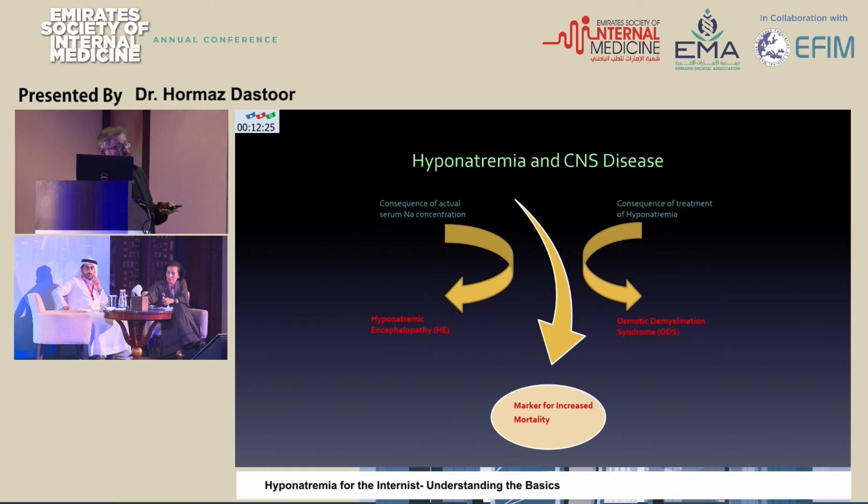On the opposite spectrum, if you correct the hyponatremia rapidly, you get what is called osmotic demyelination syndrome. So you're kind of like stuck both ways, right? If you don't recognize the hyponatremia, your patients get a hyponatremic encephalopathy. If you're too enthusiastic to treat hyponatremia, you may end up with another complication.